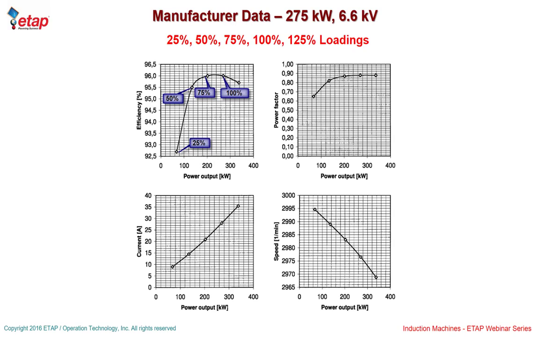And you can see the curves as is expected. Induction machines are one of the most nonlinear elements in the whole power system. It provides really a lot of nonlinear behavior, and you can see the power factor as a function of loading, from zero loading to maximum loading or overload conditions.